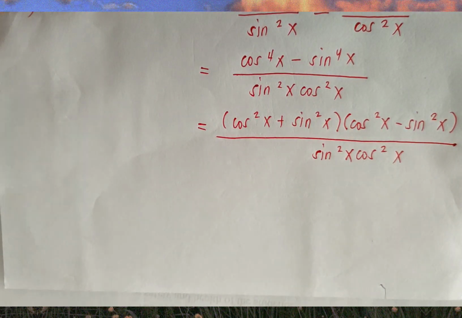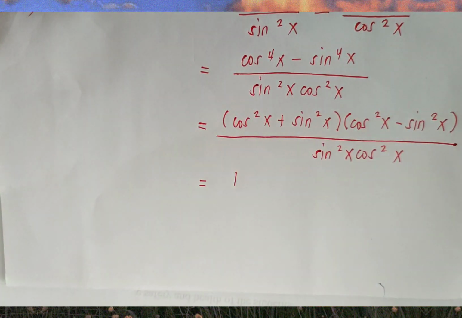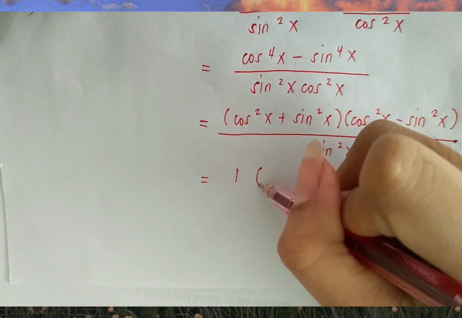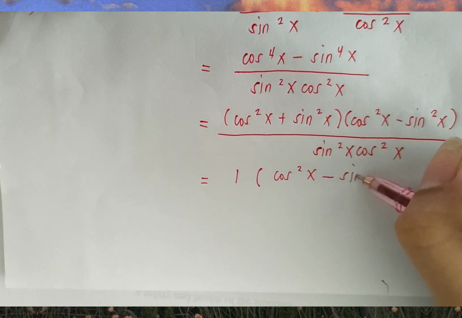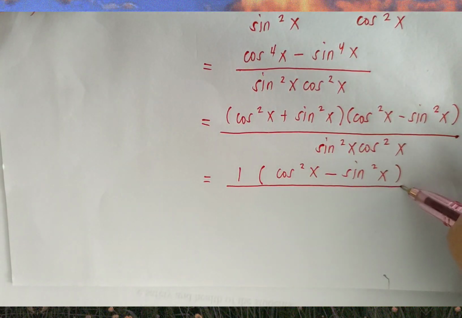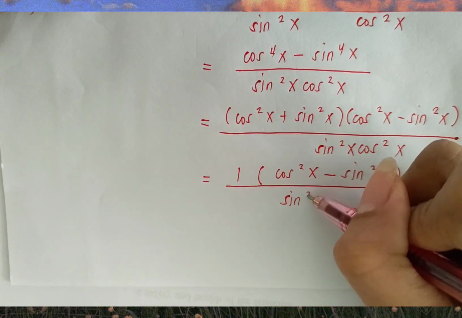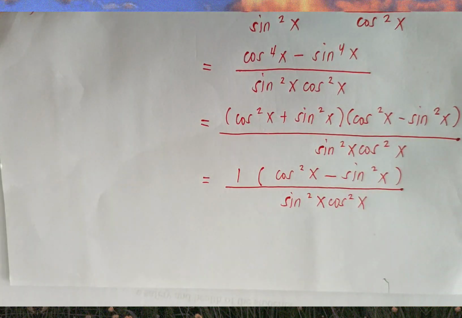Okay. Next, we have here 1, right? Times your cosine squared x minus sine squared x all over your sine squared x cosine squared x.